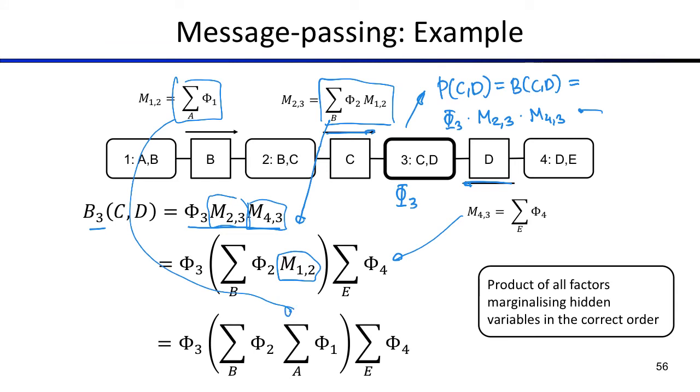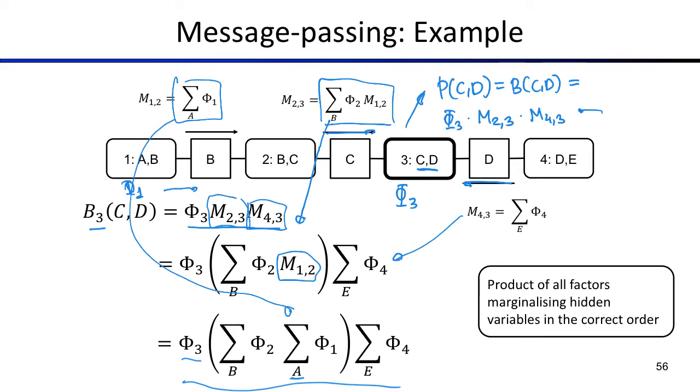So when we look at this final equation, what we have are the factors that mention variables C and D, that is this big phi 3 here, and it's going to be multiplied by, first, the factor phi 1. The phi 1 was here, and when I sent it to here, I eliminated the variable A. And it's good to eliminate the variable A because none of the other factors mention this variable A. At the same time, I'm not interested in variable A because I'm answering queries regarding the marginal C and D. That's all good.